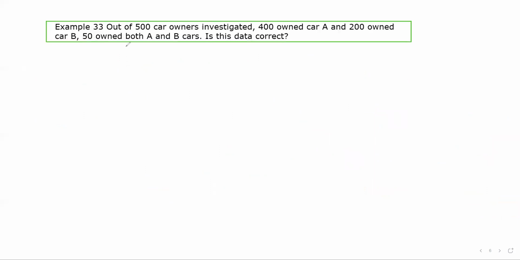Next, out of 500 car owners investigated, 400 owned car A, 200 owned car B, and 50 owned both car A and B. Is this data correct?